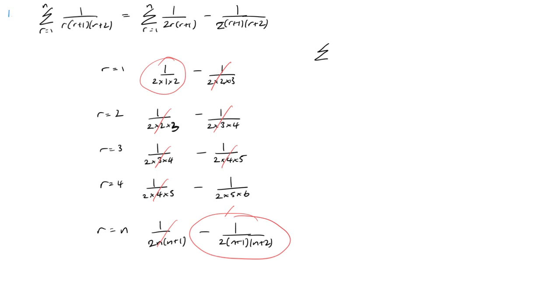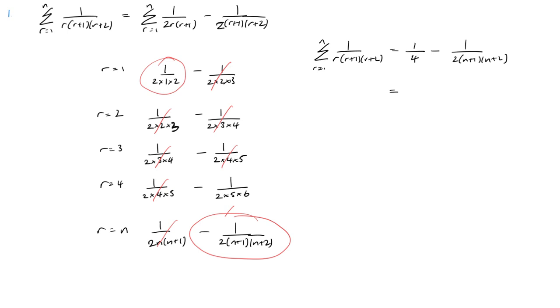Okay, so that there is my solution. So the sum of 1 over (r plus 1)(r plus 2), between 1 and n, is going to be 1 over 2 times 1 times 2, which is 4, minus 1 over 2(n plus 1)(n plus 2).